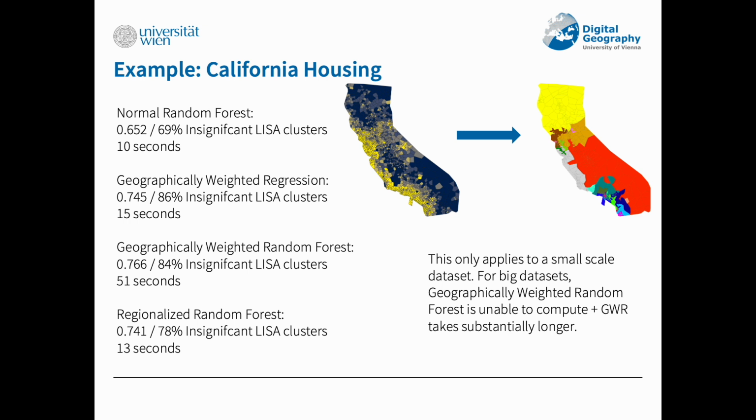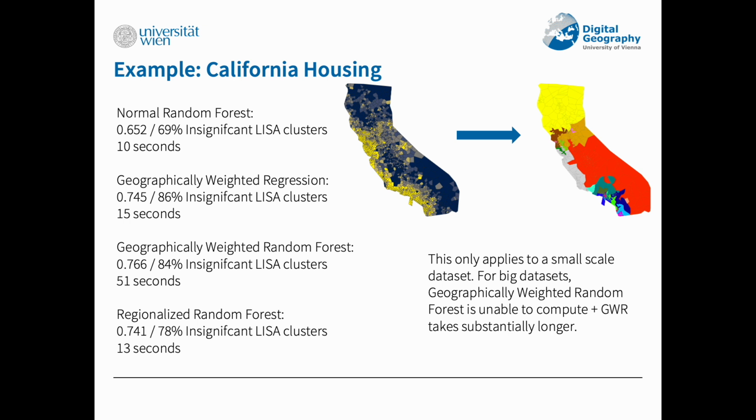The geographically weighted random forest has the highest R-squared at 0.766, with 84% of LISA clusters being insignificant for this. Regionalized random forest has an R-squared of 0.741, with 78% of LISA clusters being insignificant, but it is also the fastest of the spatial methods.